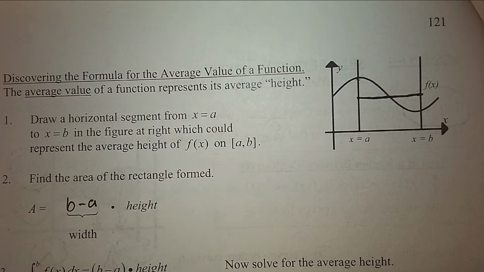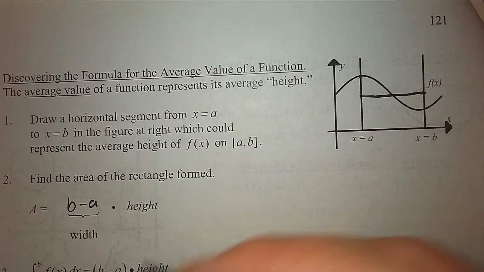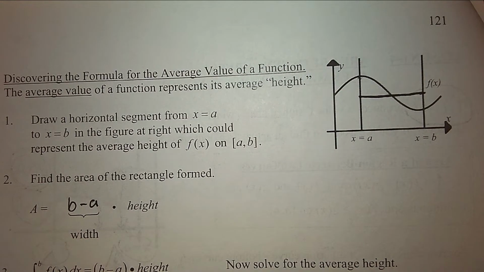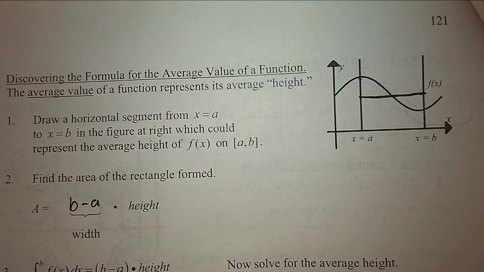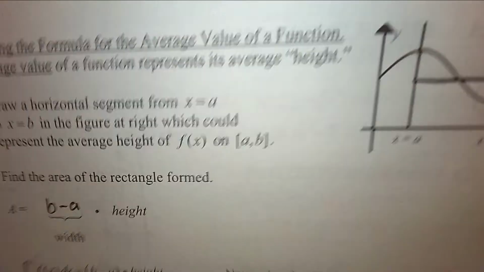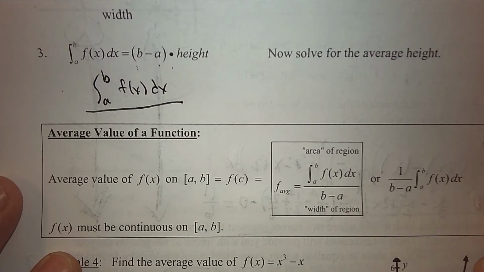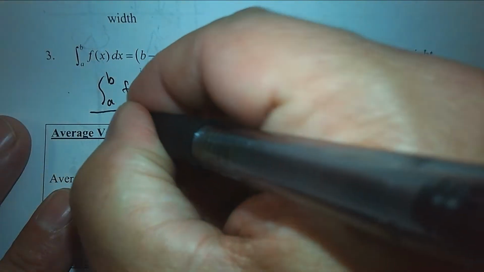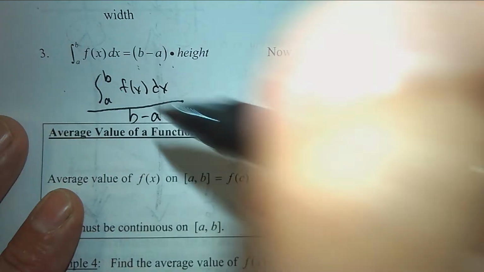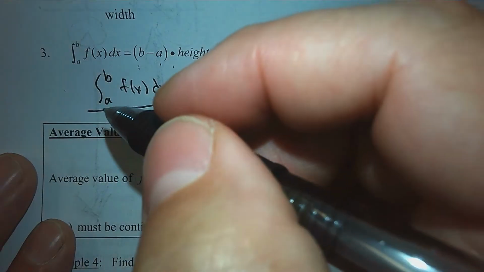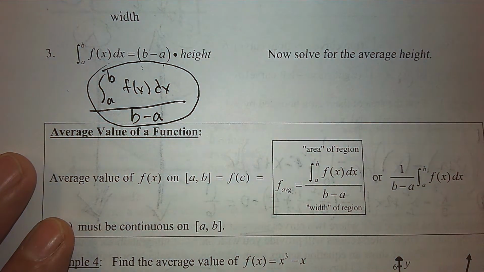If I integrate from A to B, f of x dx, I then have to divide by the difference of the bounds, B minus A. And that gives me the average height.